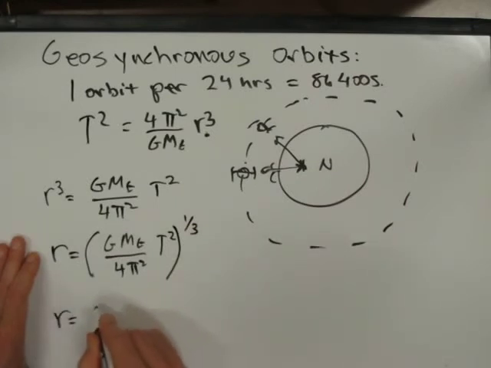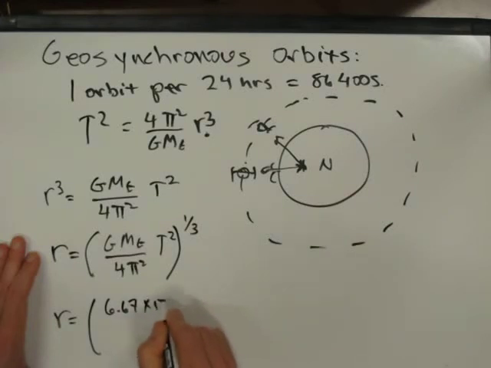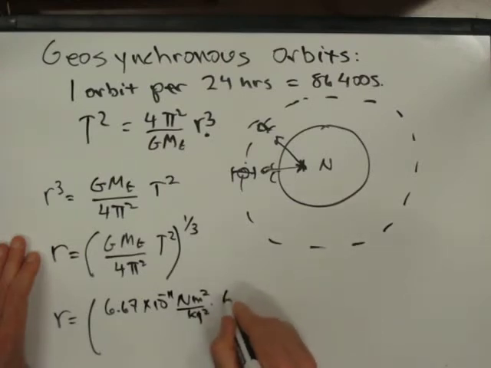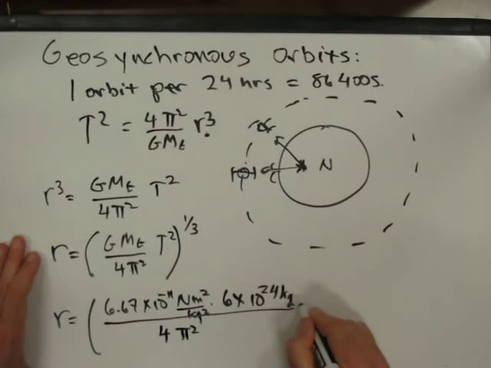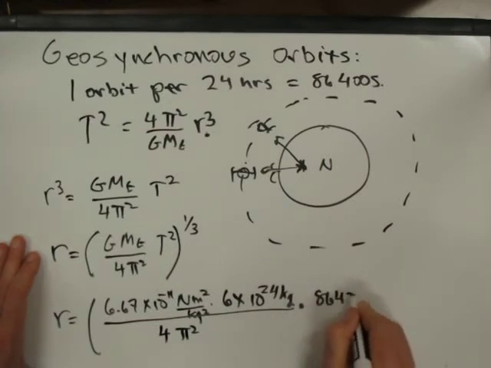And so that means r is equal to 6.67 times 10 to the negative 11th newton meter squared per kilogram squared times 6 times 10 to the 24th kilograms divided by 4 pi squared times 86,400 seconds.